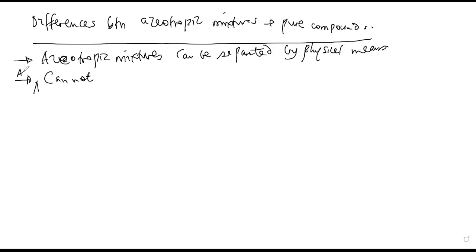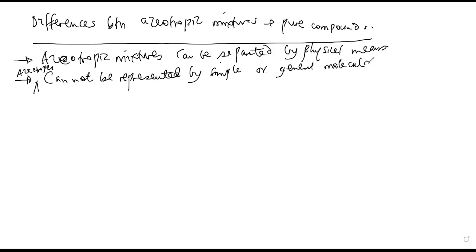Azeotropes can't be represented by simple or general molecular formulae. But compounds can be. You can represent a compound by a general formula.